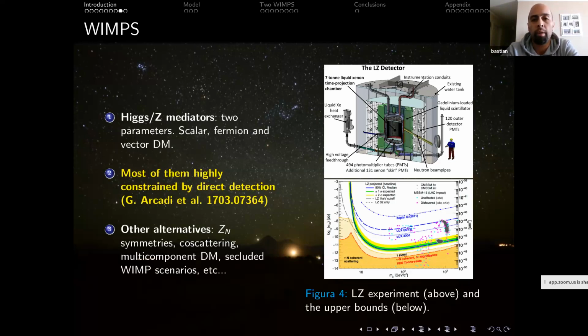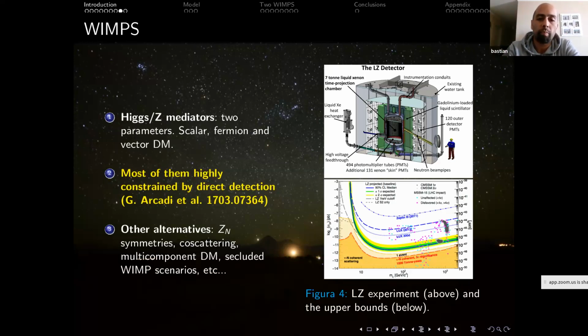In particular, nowadays we have this LZ detector, which is much stronger than XENON1T, for instance. Most of these minimal scenarios are discarded, or they survive only for masses above several TeV.